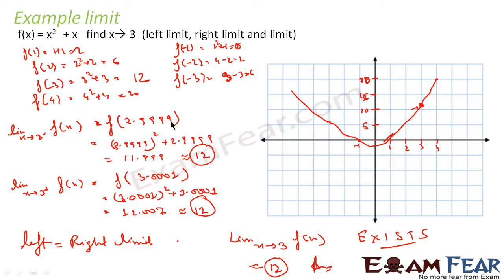Correct. What we have done, we have first plotted the graph and we have found the limit as x tends to 3 minus and we have found the limit as x tends to 3 plus, and we observed that both the values are almost equal to 12. Thus we concluded that since left limit and right limit are equal, the limit at x is equal to 3 for this function fx exists, and that value is 12.